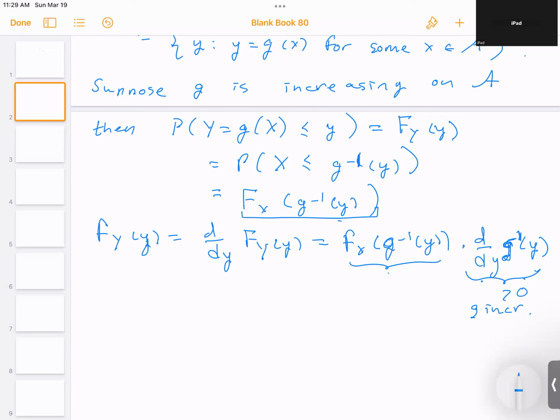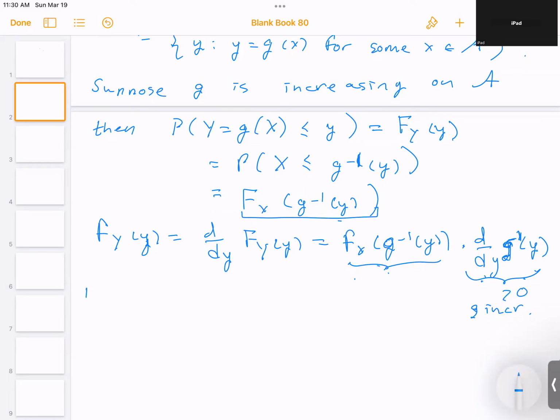So the whole thing is positive. The PDF is positive, thankfully, and we can write it just like this.